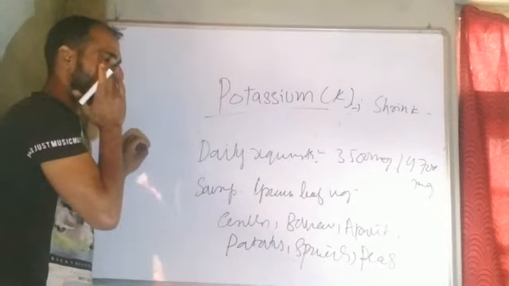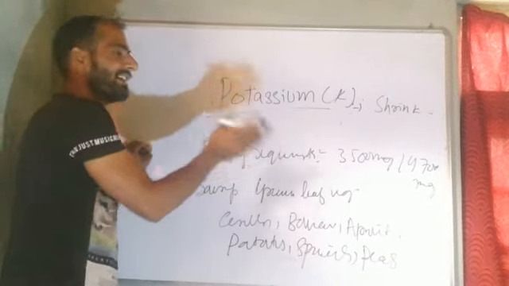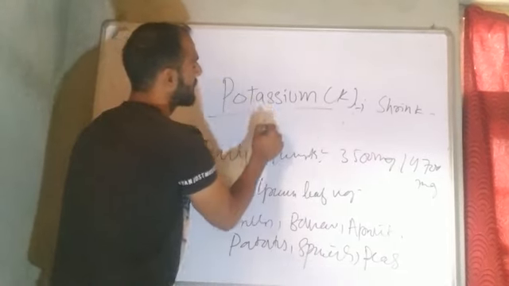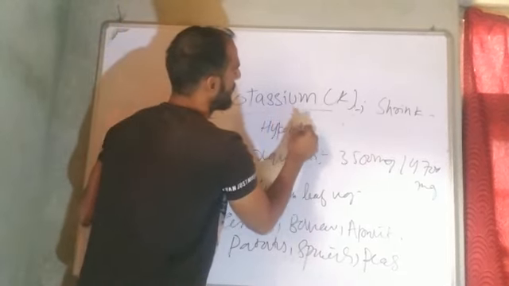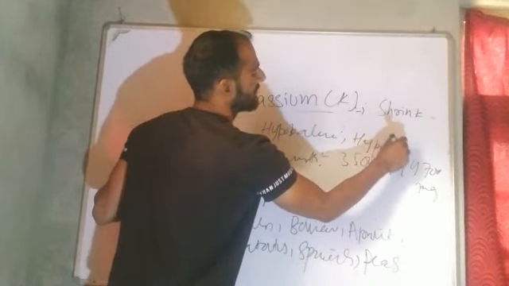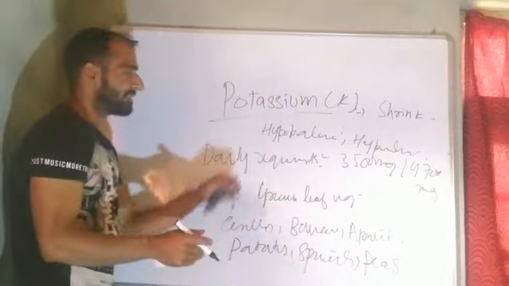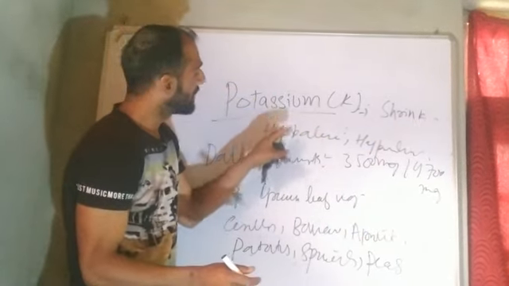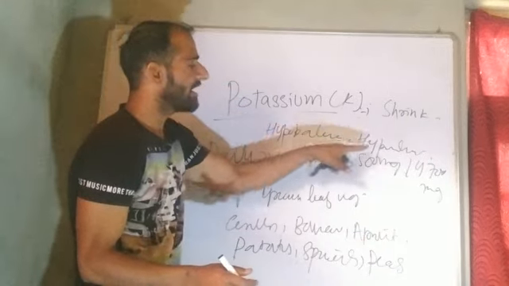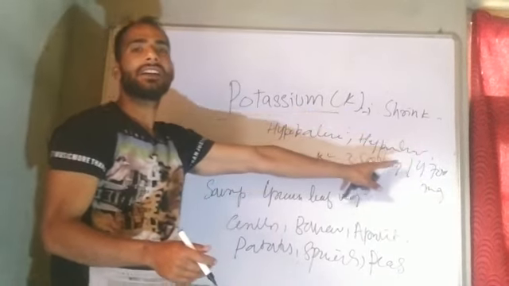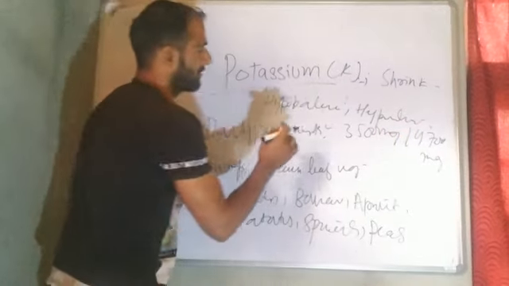Or iske alawa, if we talk about the deficiency, when there is deficiency of the potassium, the phenomenon is known as hypokalemia, and increase is likewise known as hyperkalemia. जब potassium की level कम होगी तो ये क्या होगा? It is known as hypokalemia, and when it is more, it is known as hyperkalemia.